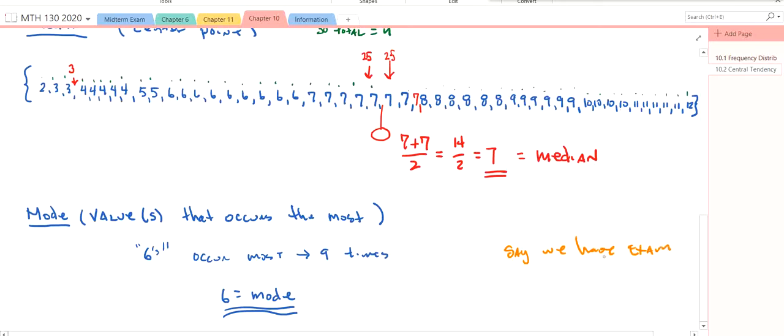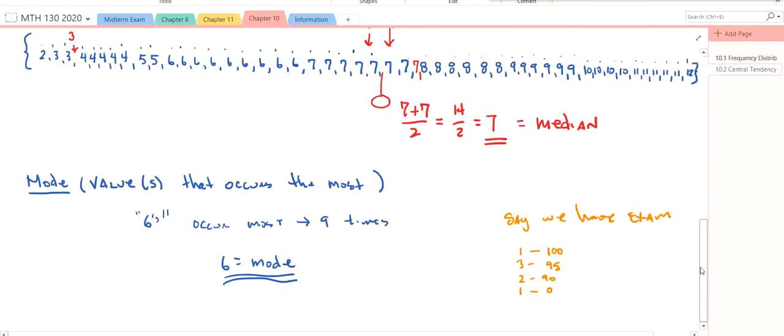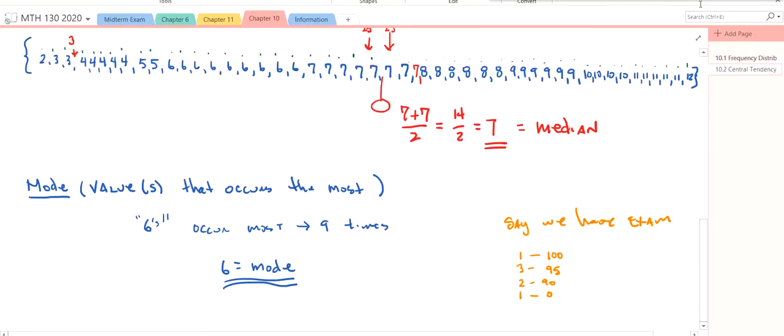So you have exam grades, and one person got 100, 3 people got 95, 2 people got a 90, and 1 person got a 0. Well, if I find the mean there, the mean is something like 80.